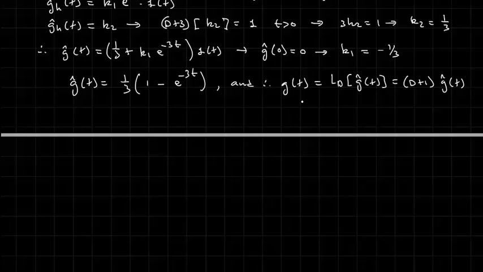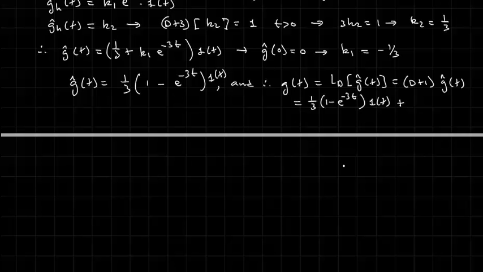What does that give us? We'll get 1/3, 1 minus e to the minus 3t, right? I should put in my 1 of t here. So that's the plus 1 term. Okay. And then we have plus D.